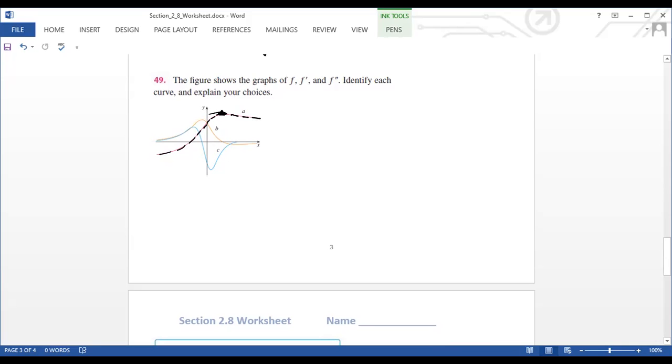If this is my flat slope, that means my derivative has to be what? Has to be 0, correct? Which part is giving me the possible derivative equal to zero here? This one, right?